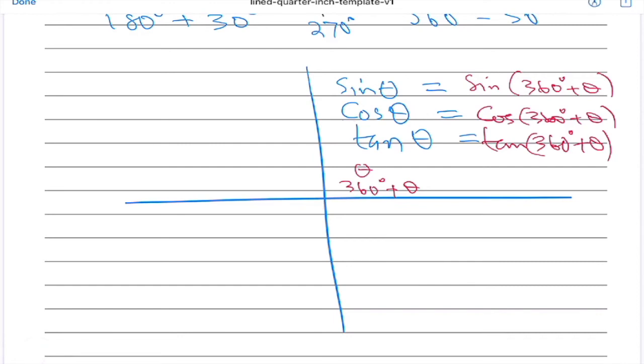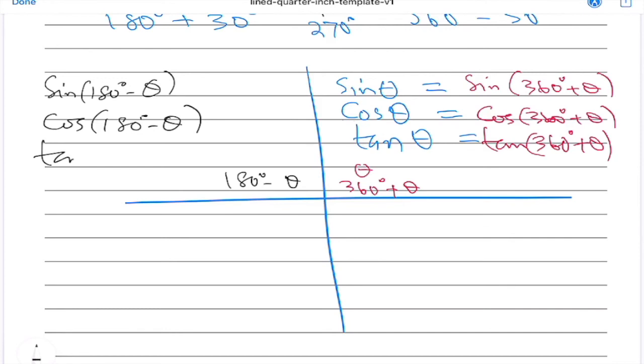In this second quadrant, we said we have 180 minus theta. So we should be able to work out sine of 180 degrees minus theta, cosine of 180 minus theta, and the tangent of 180 minus theta. Now, we know that in the second quadrant, only sine is positive.